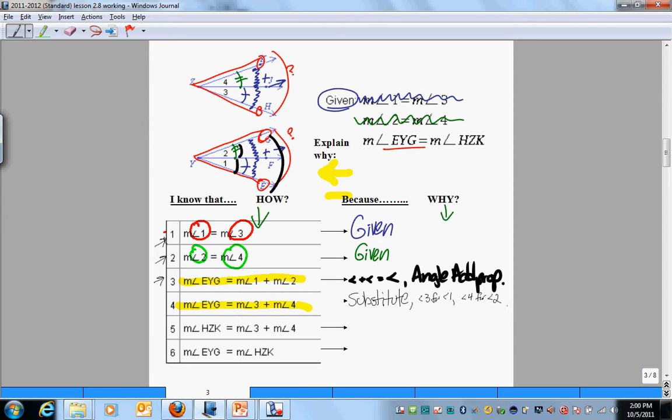I'm going to spell out very specifically what was swapped with what. This one, 3 and 4 add up to the big one. That's just little angle plus little angle equals big angle.